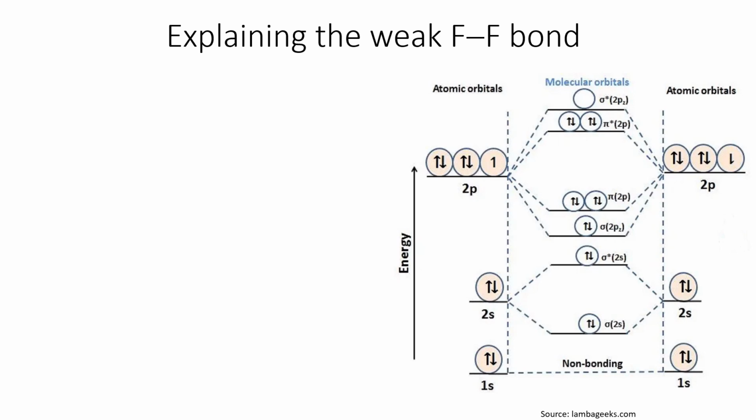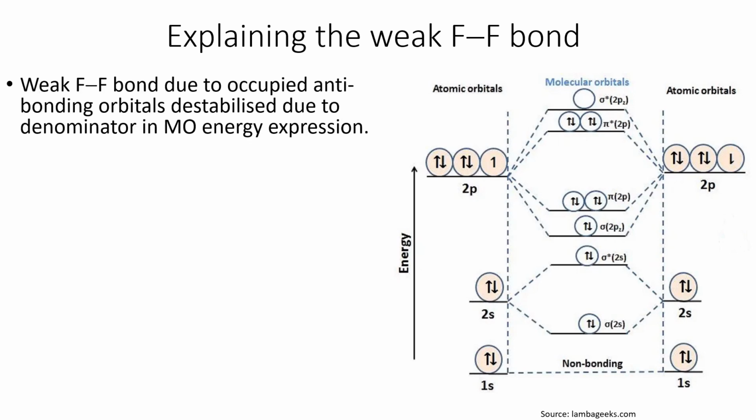And it's quite significant having a large number of antibonds, because what we're going to discover now, using the energy calculations we've been working with, is that it turns out that the antibond is slightly more antibonding than the bonding is bonding. And so we'll justify that now. As I say, these occupied antibonding orbitals, it's going to come down to the denominator in a molecular orbital energy expression.